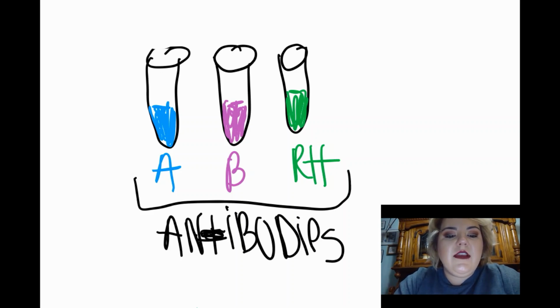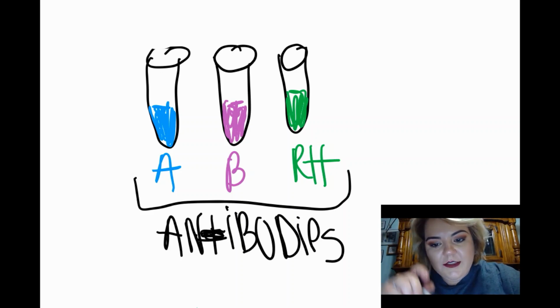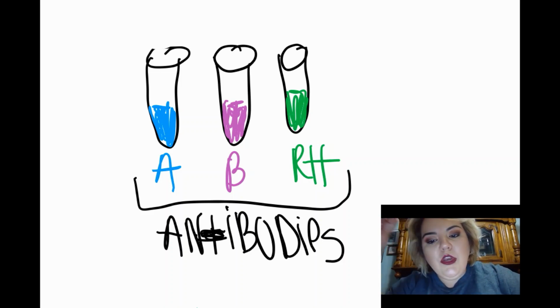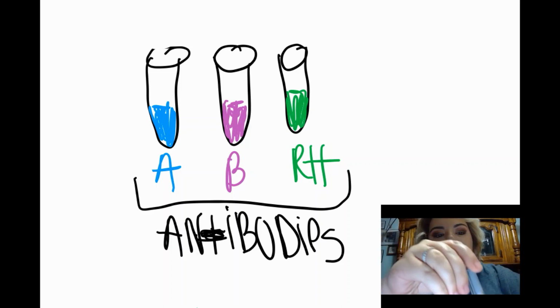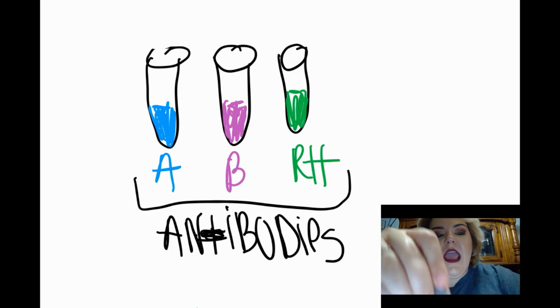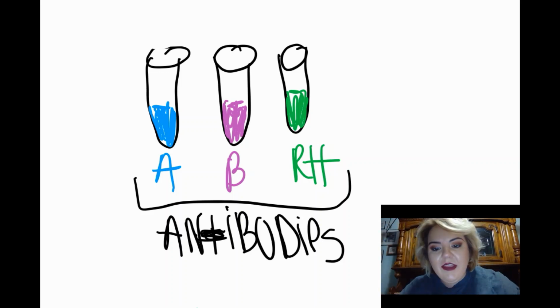They're fighters. So when you drop the blood into the antibodies, if it's anti-A antibodies, it's going to fight A blood. So if you're dropping A blood into it, it's going to agglutinate.